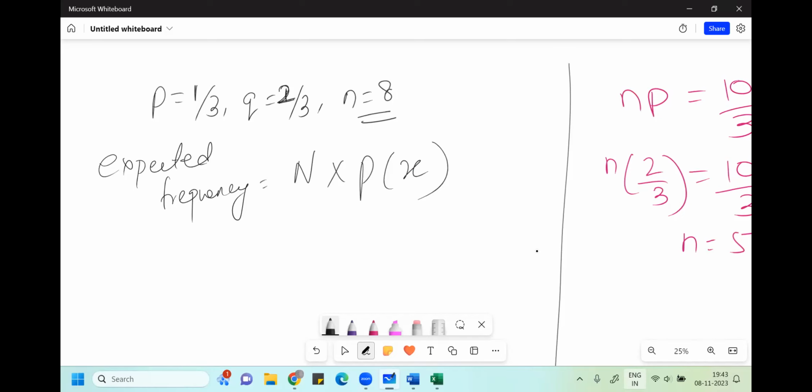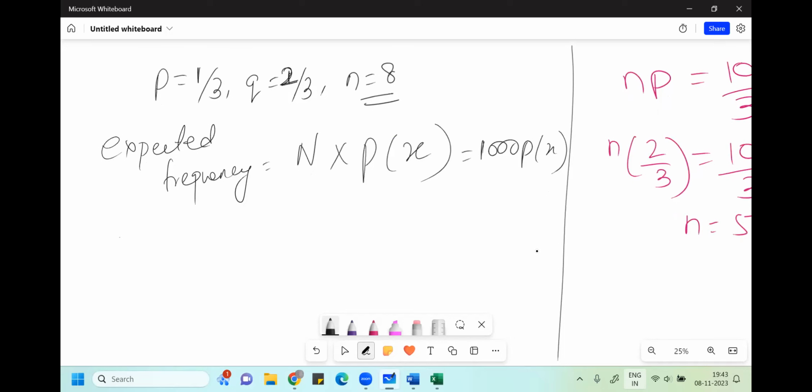Two kinds of questions you might get in exam. Either you have to find the probability, or you have to find the frequency. So whenever you have to find a frequency, you have to multiply the total data. Like here, the total data is 1,000. That 1,000 I'll multiply with my probability distribution function.